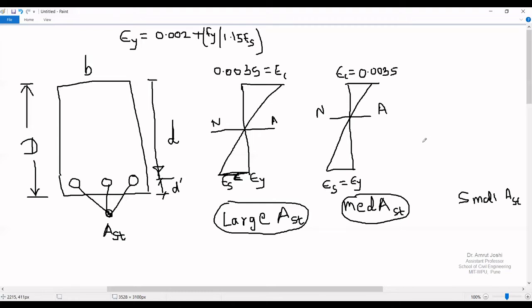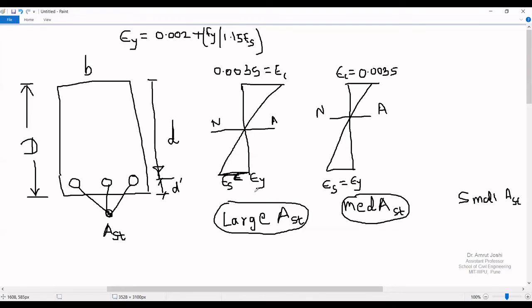Now, as you can observe, the value of extreme compression strain is the same in the first 2 cases, but the strain in steel is more in the second case than in the first case. Therefore, it is quite obvious that the neutral axis at failure in the second case will be above the neutral axis at failure for the first case.